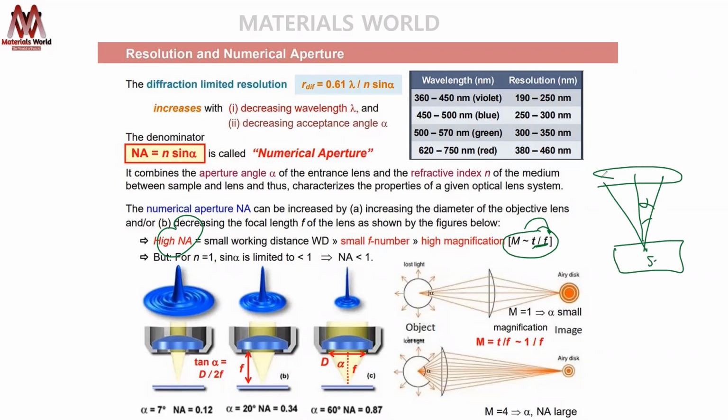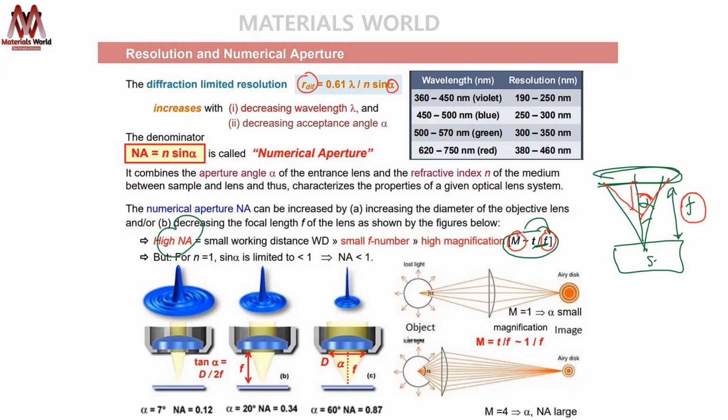This is my sample, this is my lens, so this is my focal distance. Now if I take the sample closer, I am increasing my alpha. To increase alpha and get better resolution, I am decreasing the working distance, or decreasing F. If I decrease F to enhance R, I am increasing magnification. That means you can get better resolution.